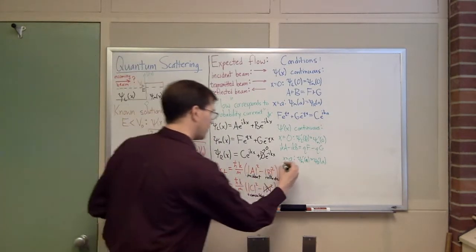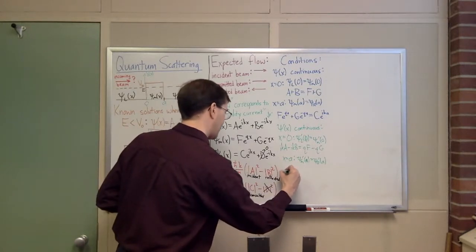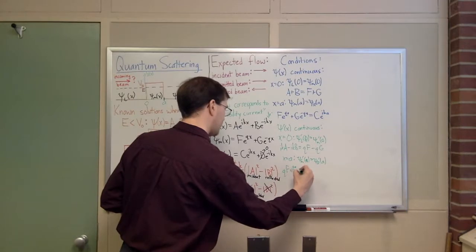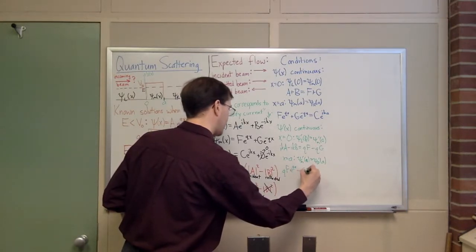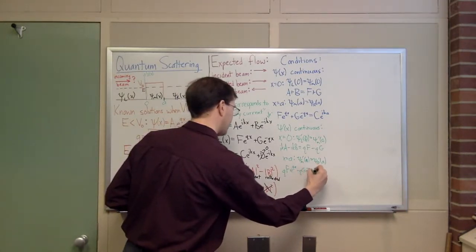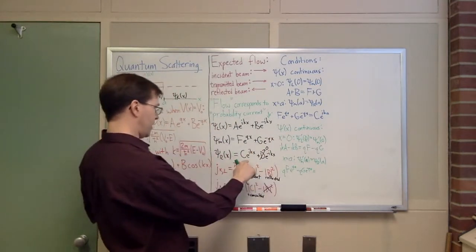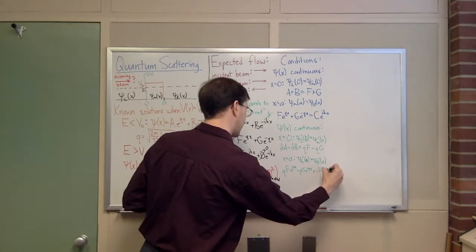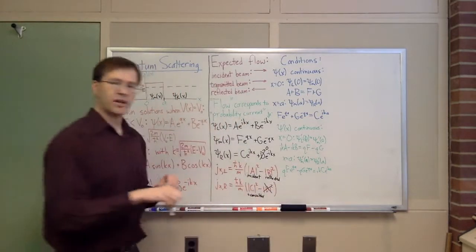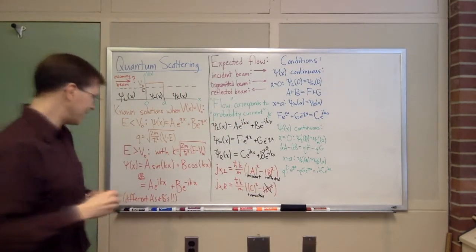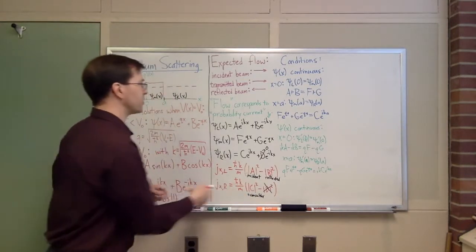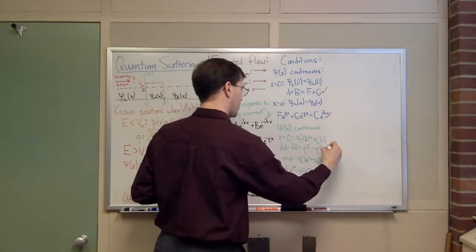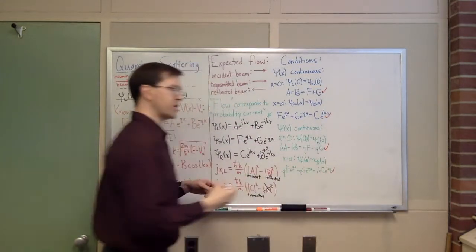I get here qf e to the qa minus qg e to the minus qa equals, and then for this one, ikc e to the ika. There we go. I've got another equation. And let me look at this. Let me label my equations. I've got 1, 2, 3, 4 equations.